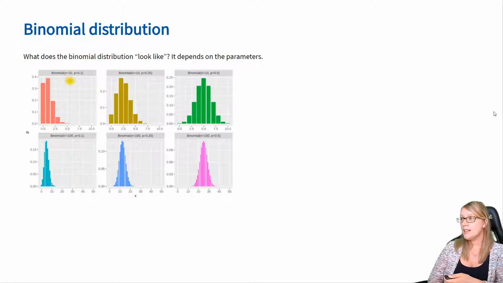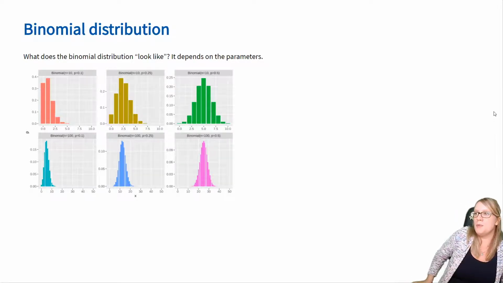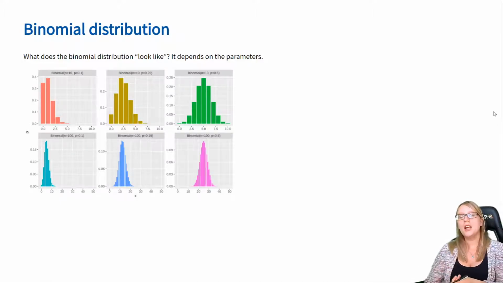So as the sample size increases, here in the top row we have samples of size 10, bottom row we have samples of size 100, this distribution becomes a lot narrower really quickly in terms of the number of successes that we might observe. Now here I've increased, going from left to right, the probability of success.